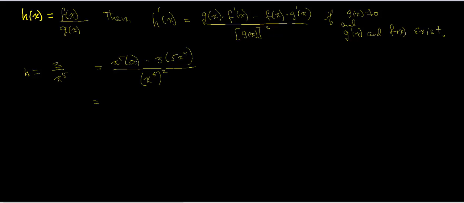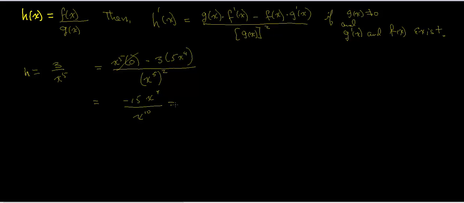Okay, so that will give us 0 here, and minus 3 times 5, which is 15, so it's negative 15 x to the 4th. Divide everything by x to the 5th squared. In this case, we'll get x to the 10th.